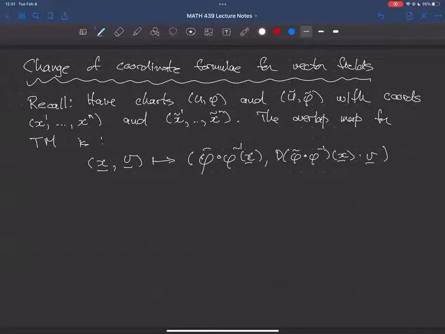If v bar is X of x bar, let me write it out in full components, X1 up to Xn.